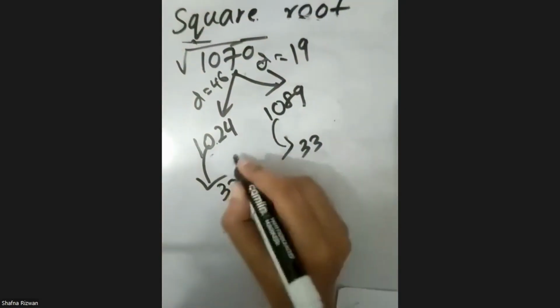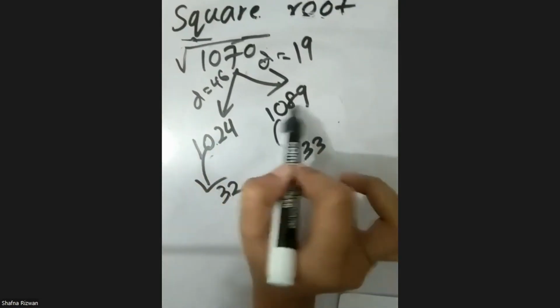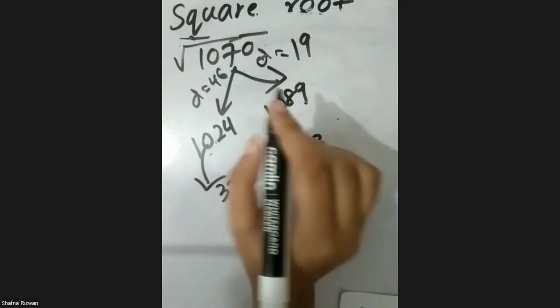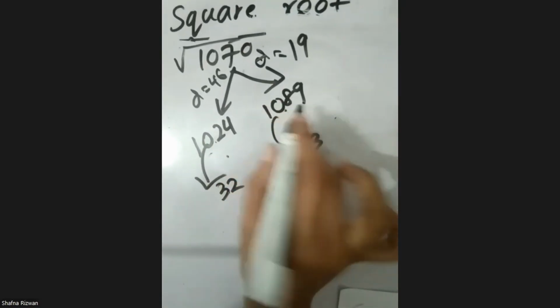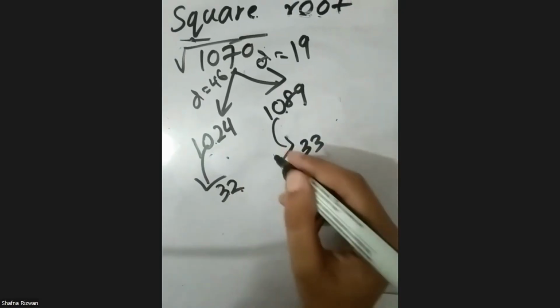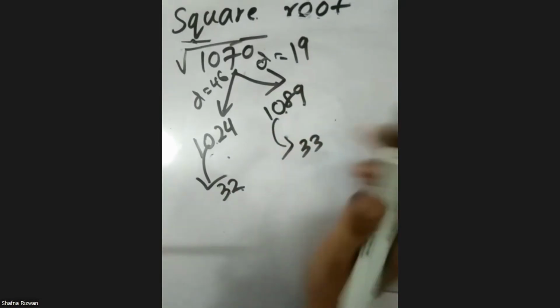Let's do the method. So which is closer to 1070? That is 1089. Now from here on it should go like 32.5, 32.6, 32.7. These are the values you will get.